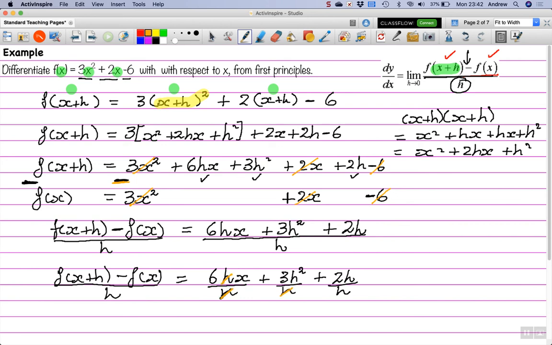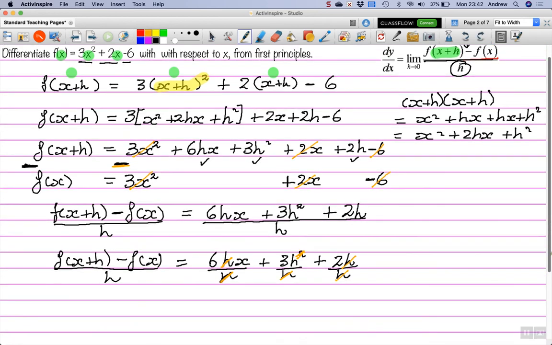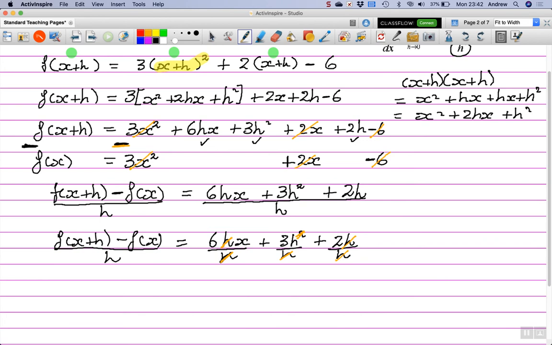The h here cancels with one of the h's on top, and the h here cancels with the h. So we end up with a new tidy up line. So the new tidy up line is f of x plus h minus f of x all over h is now equal to 6x plus 3h plus 2.